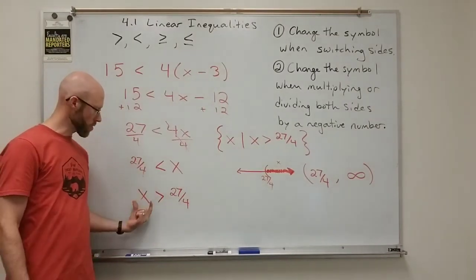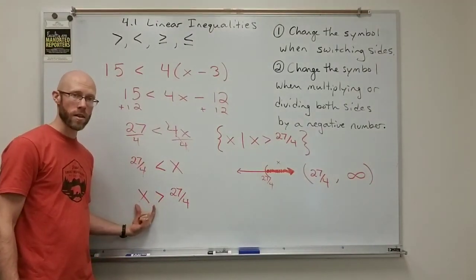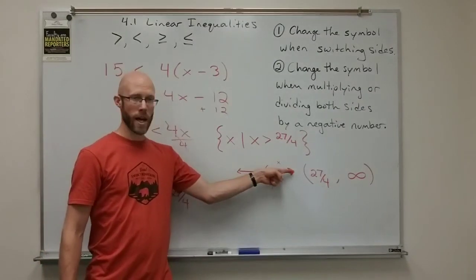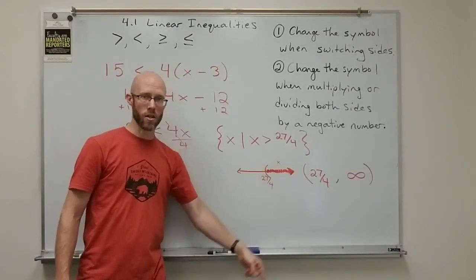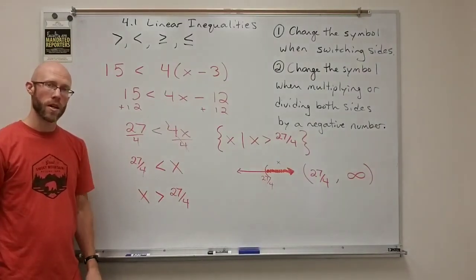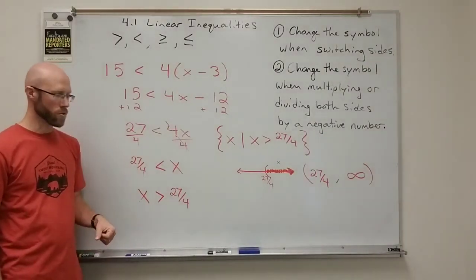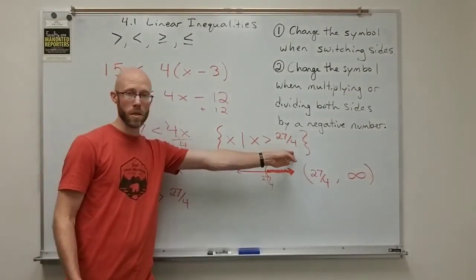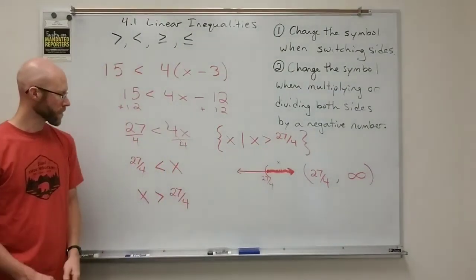It only works when the variable is on the left. So variable on the left, the inequality symbol looks like the arrow you've got to shade, in this case shading to the right. Or you can just think it through. If x is greater than 27/4, it needs to be to the right. Okay.